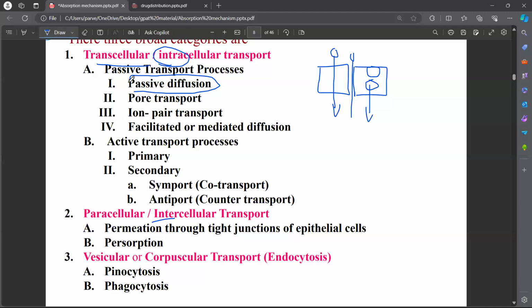And for pore transport, what is the driving force for the transportation? What is the force which leads to pore transportation?